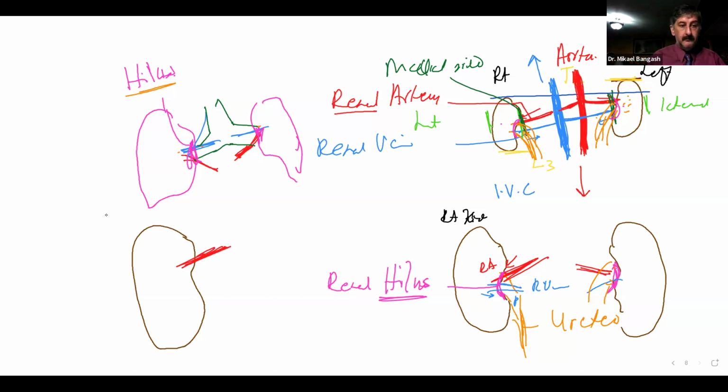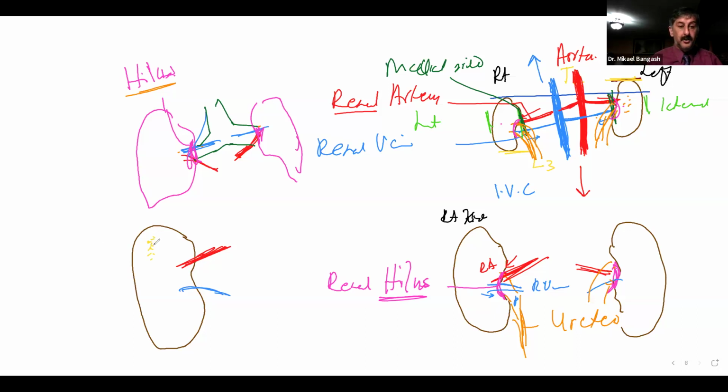At the other end, would there be a vein leaving the kidney? That's called a renal vein. And what the kidney mainly is going to be doing is this is going to be the main factory where the urine is produced.